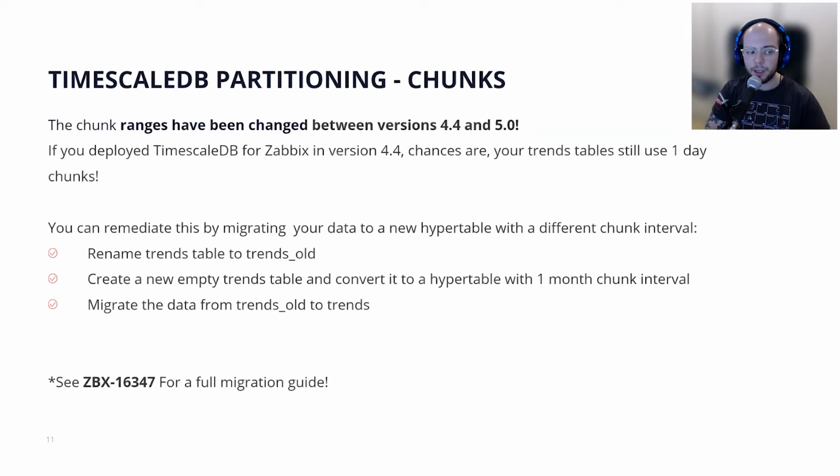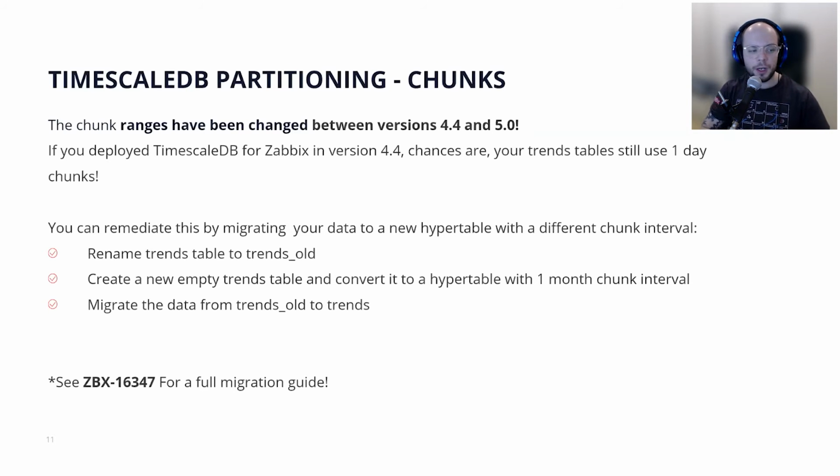This can be remediated. I have attached the ZBX, the bug report number for this, and you can find the full migration guide for it. In short, what you would have to do if you encounter a situation like this is rename trends to trends_old, create a new empty trends table, convert it to a hypertable with a 1 month chunk interval, with monthly chunks, and then migrate the data from trends_old to trends.